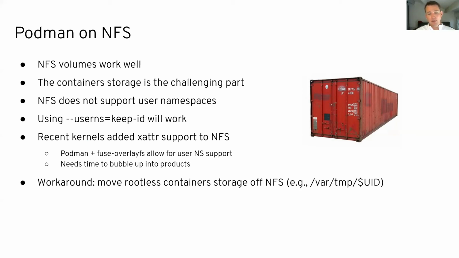There's a couple of cool, more recent developments, especially in the kernel, which just recently added extra attribute support to NFS, which is pretty cool. So Podman and fuse-overlayfs now allow for userns support.